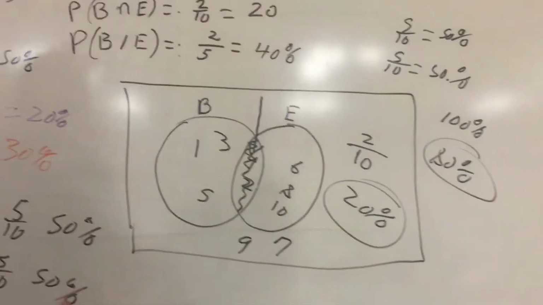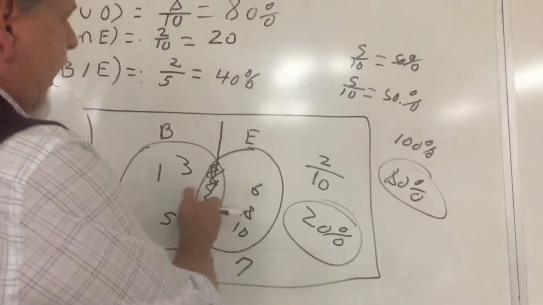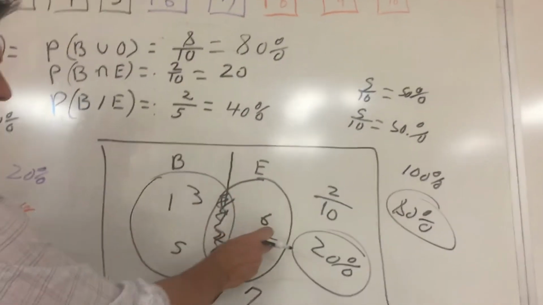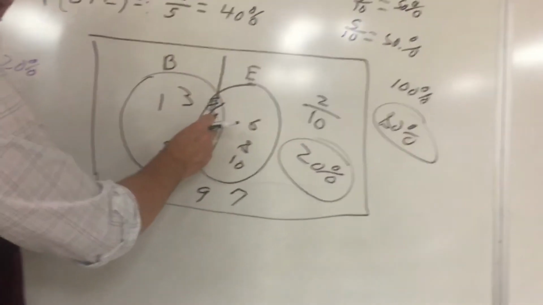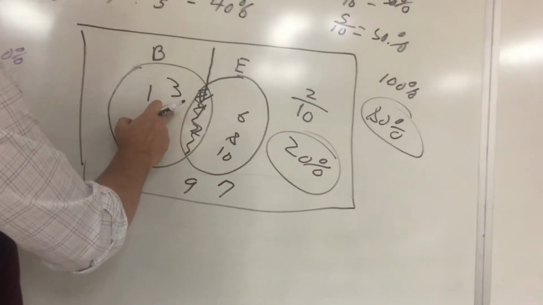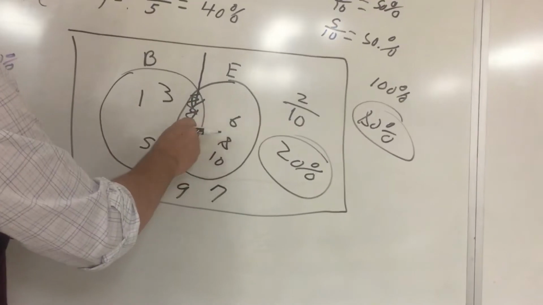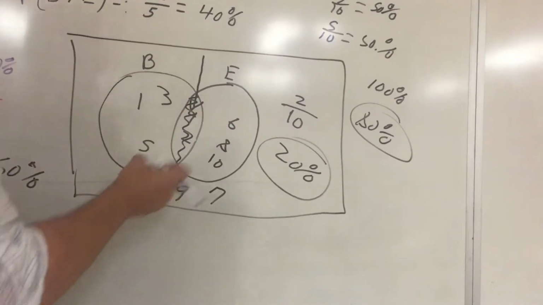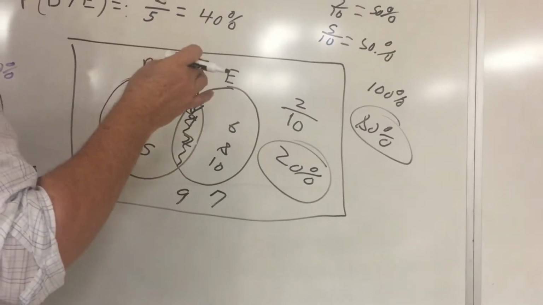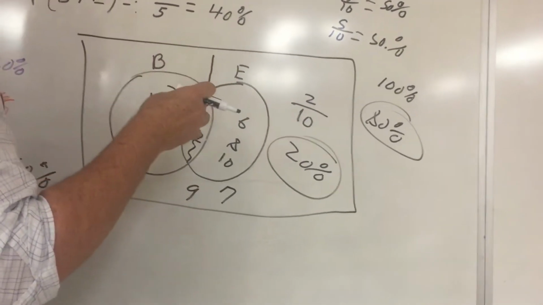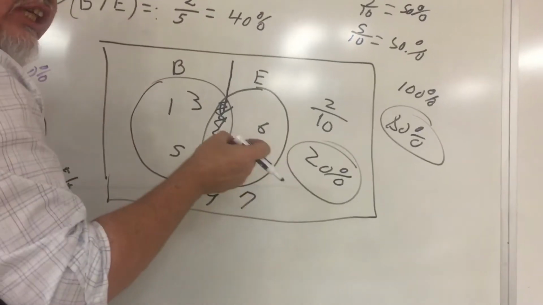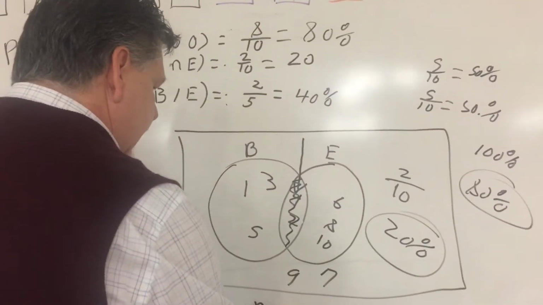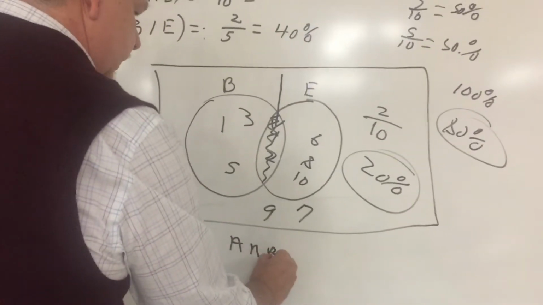So that's what we have to do. We just can't add things together. We have to take into account that if I just add this and add this, I've counted this twice. So if I add the blacks and I add the evens, I've counted what's in the middle twice. So I actually have to subtract that. So when you look at the general addition rule, you'll see that you will subtract the A and B condition.